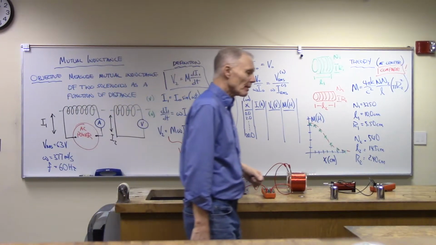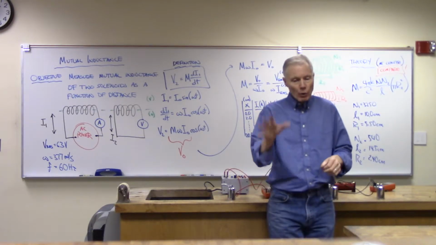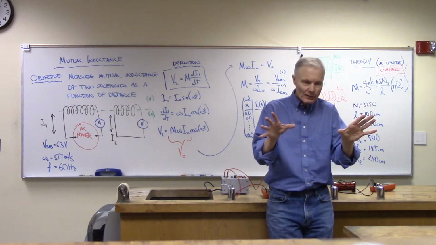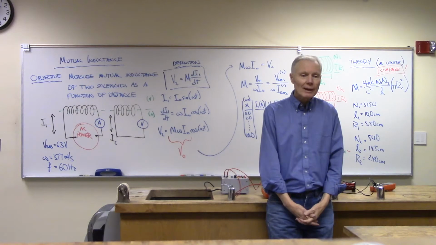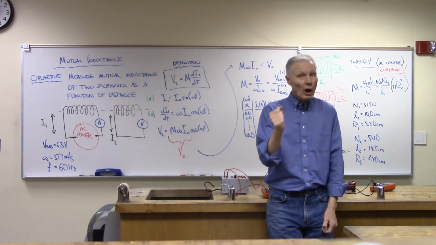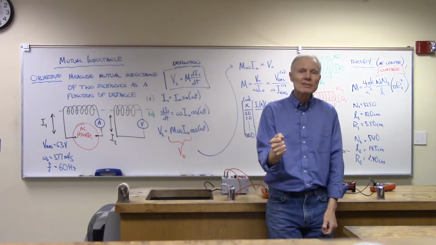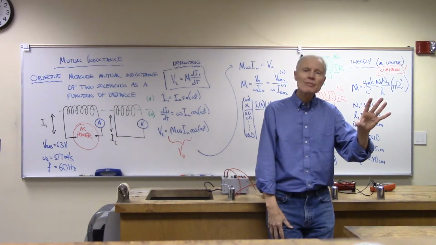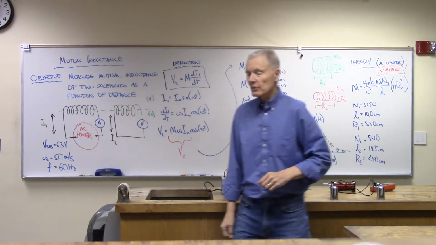In class we talked about transformers and how there's a primary and a secondary to the transformer, and if charges are accelerating in the primary side, then that's going to have an effect on the charges in the secondary side.